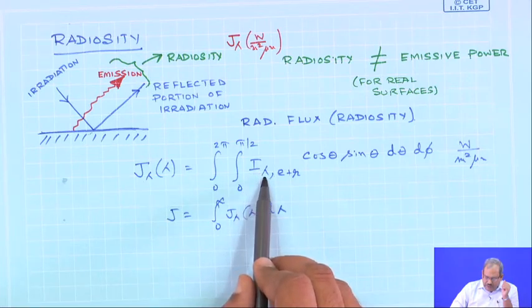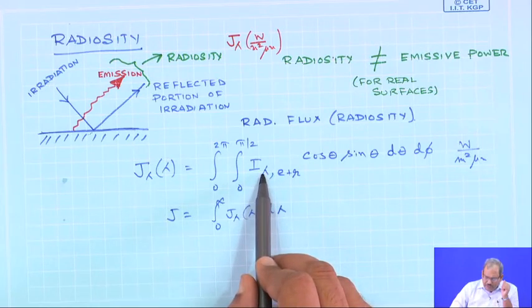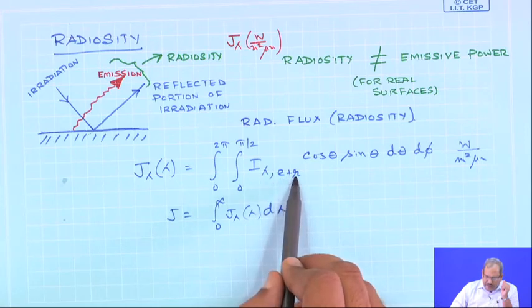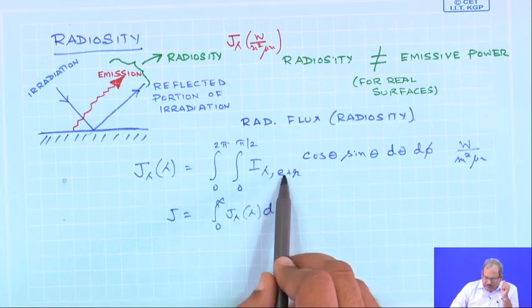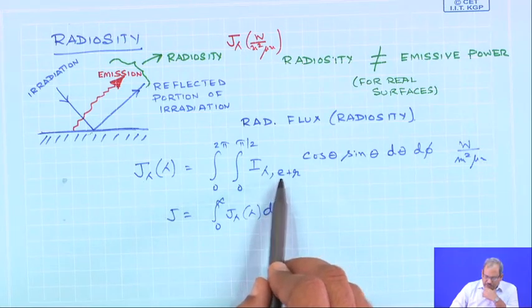Since I have the lambda over here, this is the spectral intensity of radiation coming from a surface, and since it is coming from a real surface, I need to consider both the emissive intensity and the reflected intensity. So, this is the spectral directional radiation intensity from a surface.